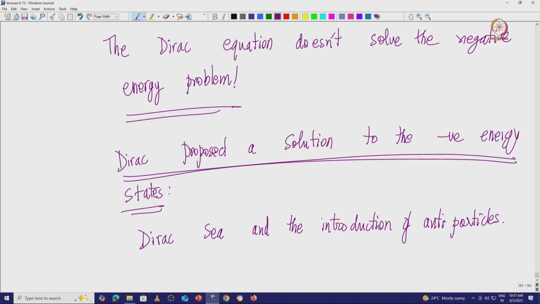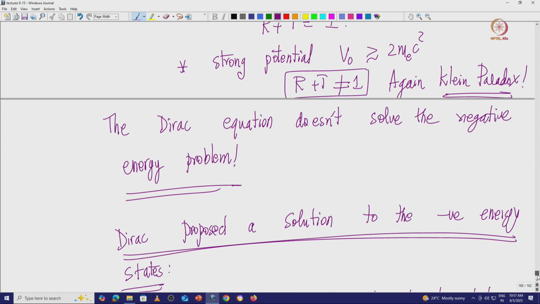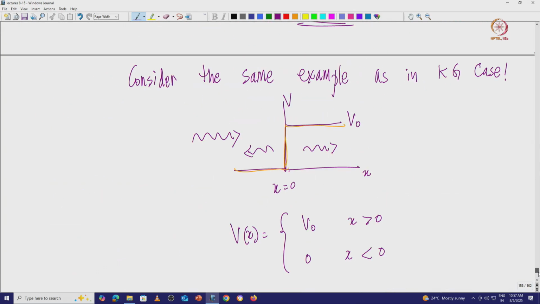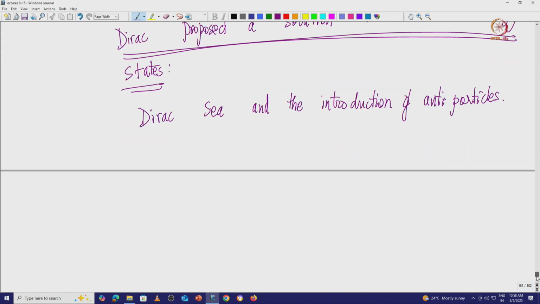So what did Dirac say? He was worried about the problem of negative energy solutions, which exists also in the Dirac theory, as we have seen with the Klein paradox and everything.